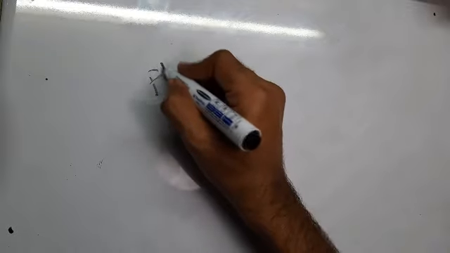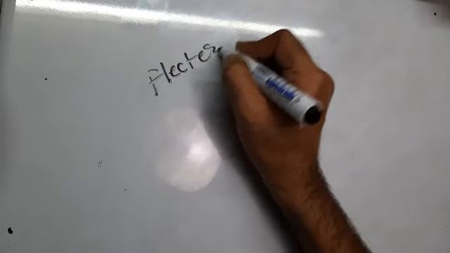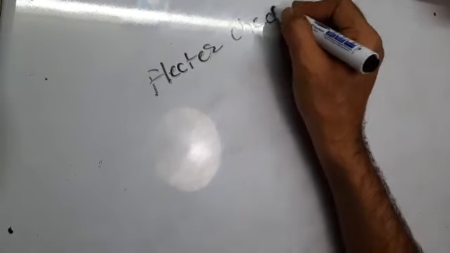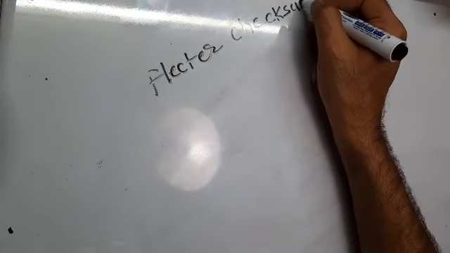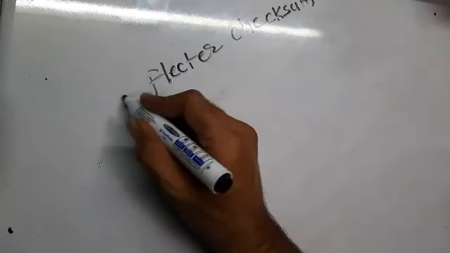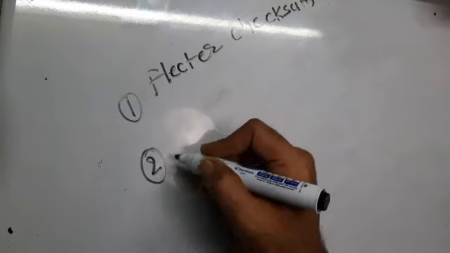The major reason is that the traditional checksum is not weighted. So to overcome this problem, newer methods have been proposed. The first one is Fletcher's checksum. The second one is Adler's checksum.